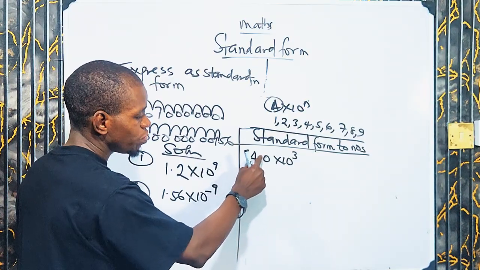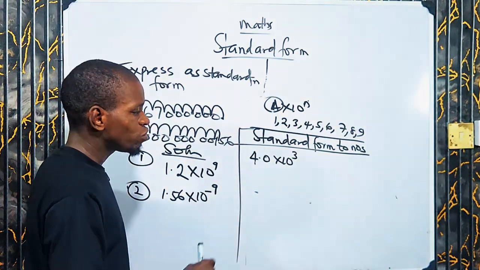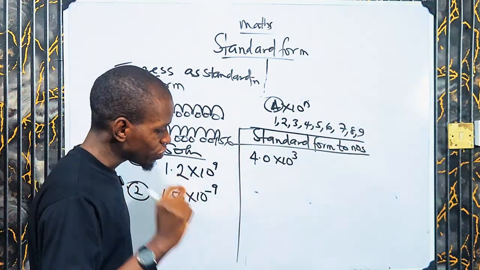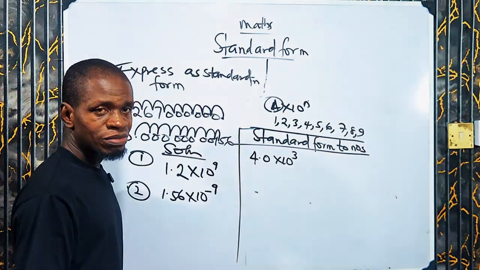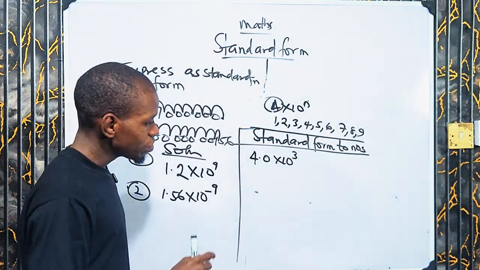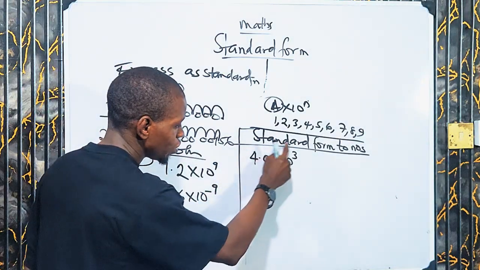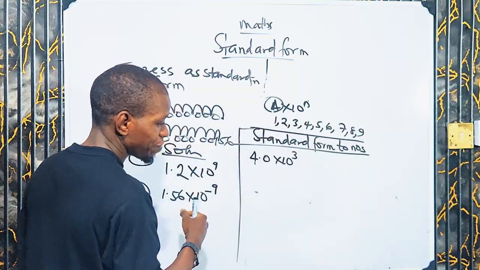But we want this point to be very far behind, not in front of any number, just at the last number. It's going to be the last thing you are going to see. We don't want to see a number after it. That is how to move it, because we want to move this point to the last part, whereby we're not going to see any number after it.